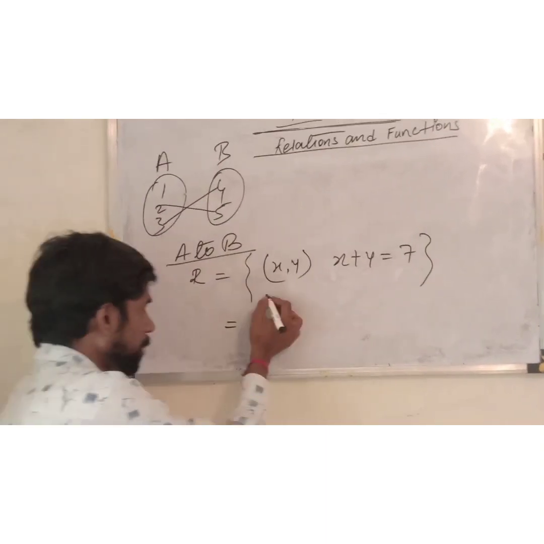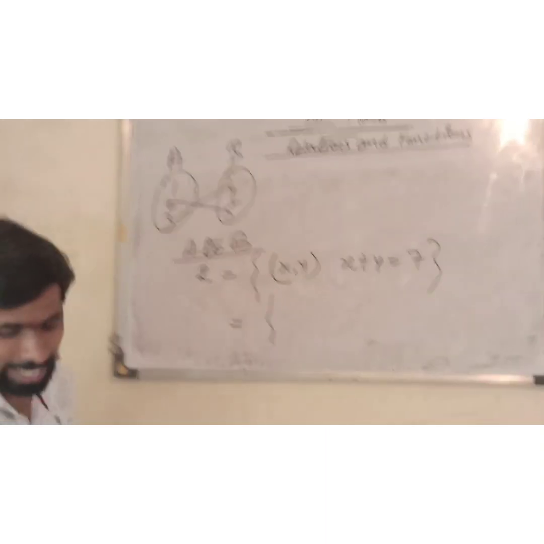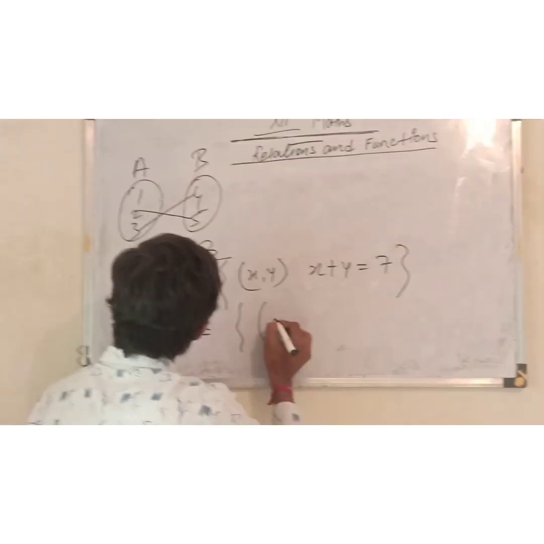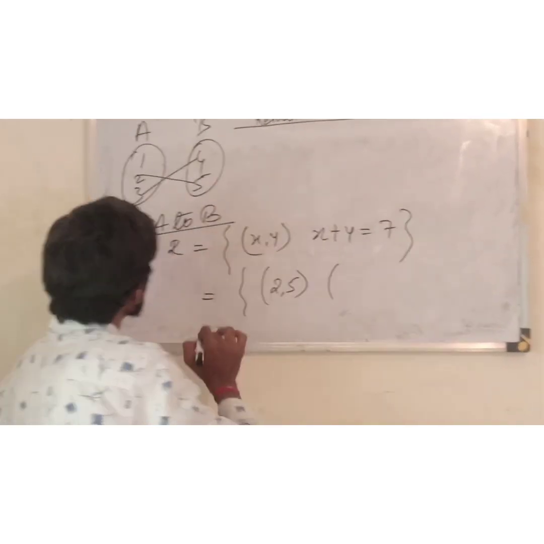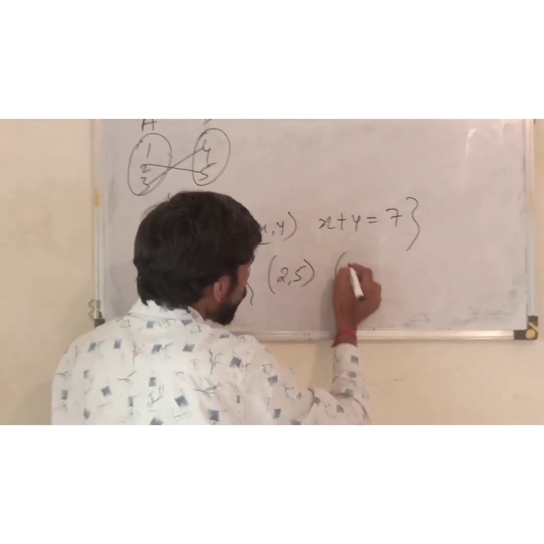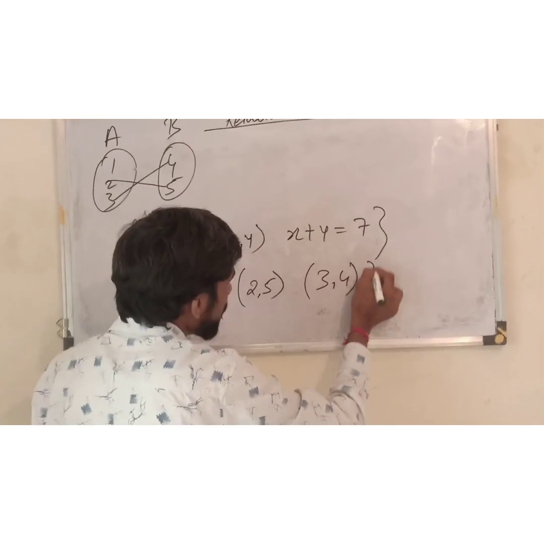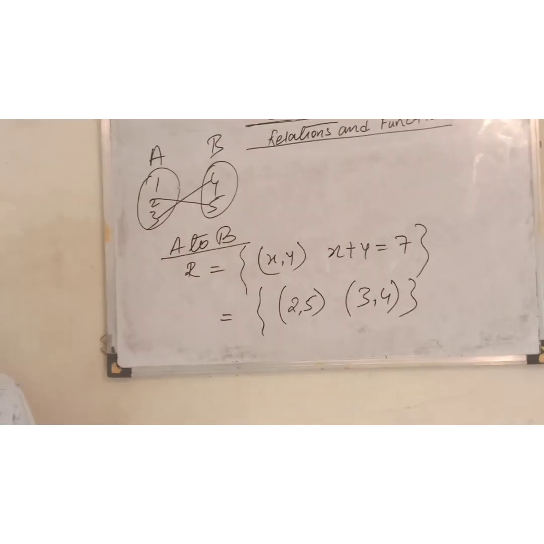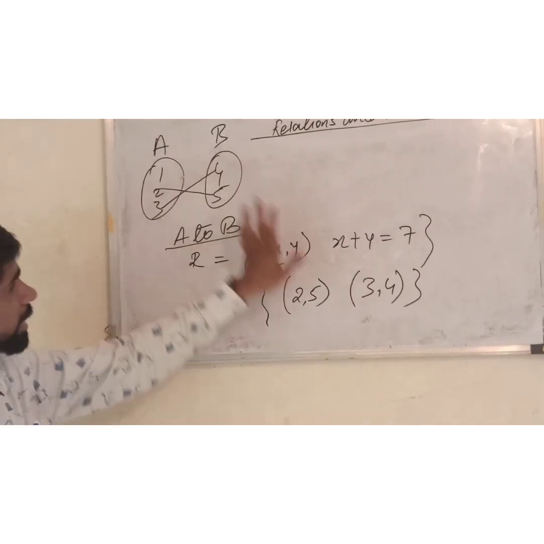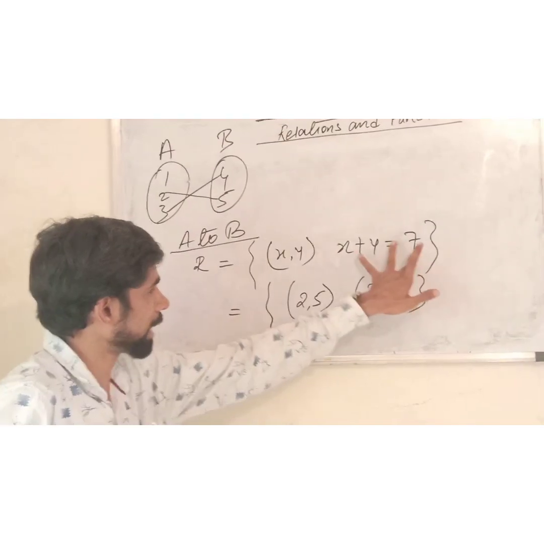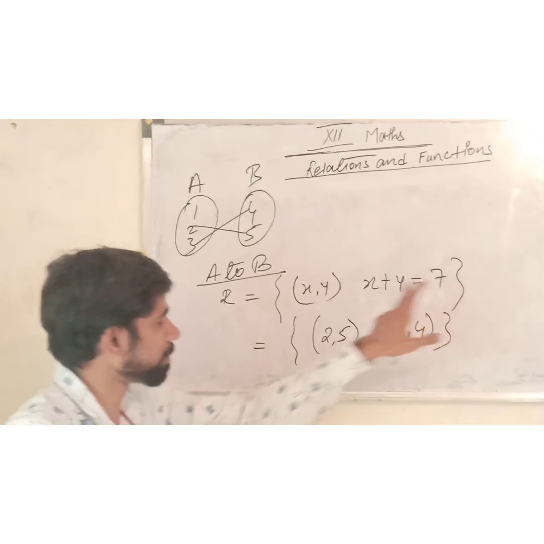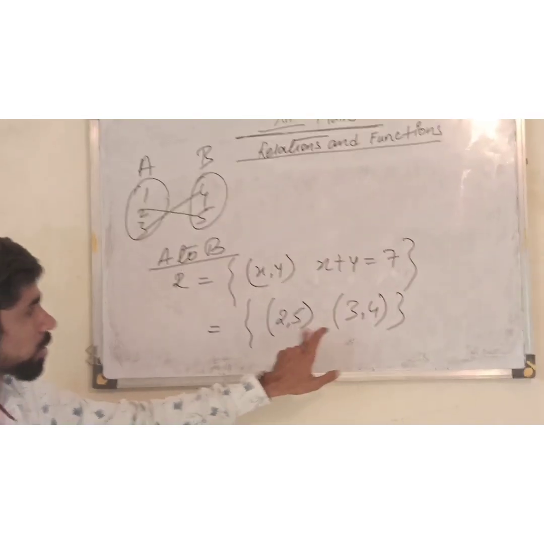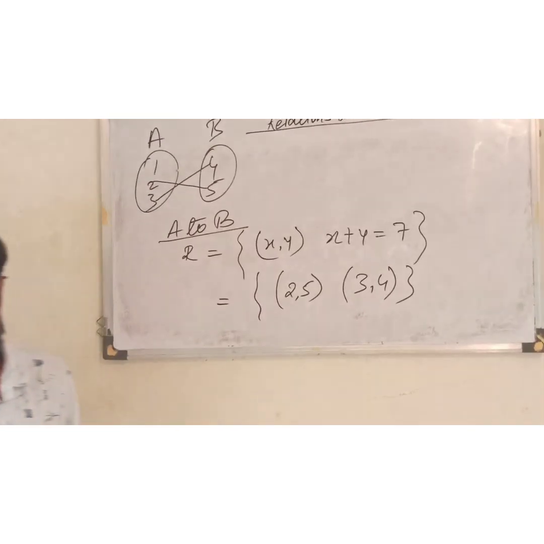These are the elements which we have to take, the subsets which are fulfilling the condition that the sum x plus y should be 7. So 2 plus 5 is also 7, 3 plus 4 is also 7.